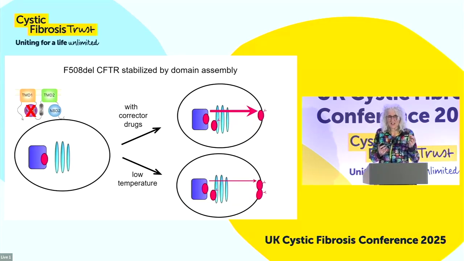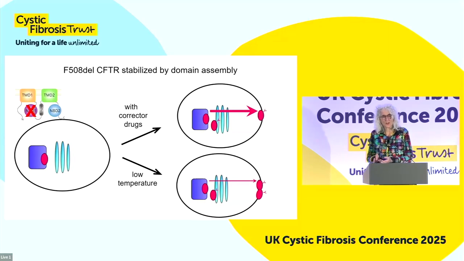But then the good thing is that little trickle makes it to the cell surface and then is stabilized by the low temperature. In part by the low temperature, but probably also by the total change of the cell at 27 degrees Celsius. But definitely the low temperature stabilizes instead of improving the folding for F508del.